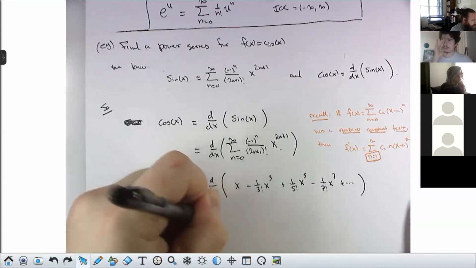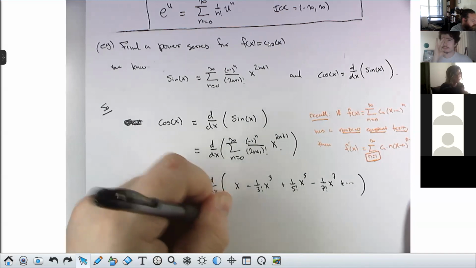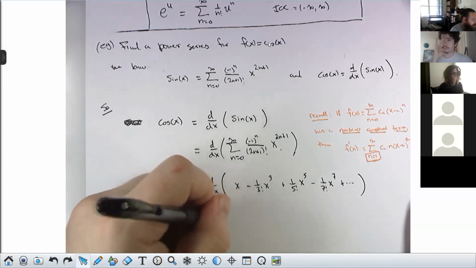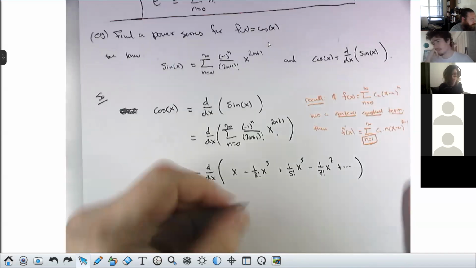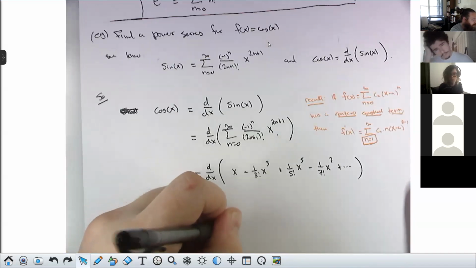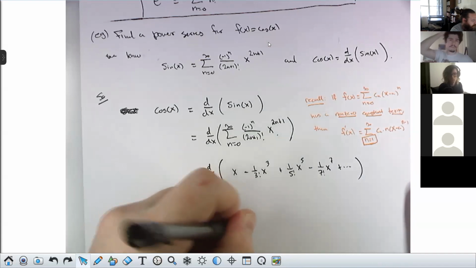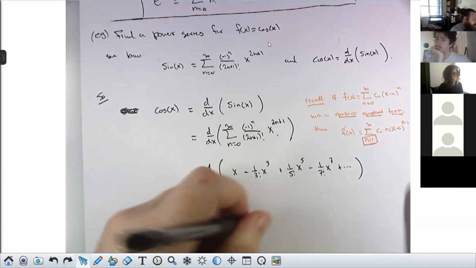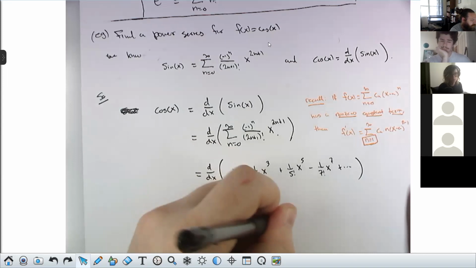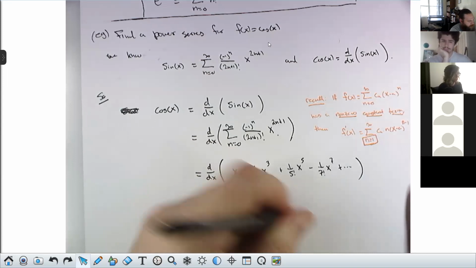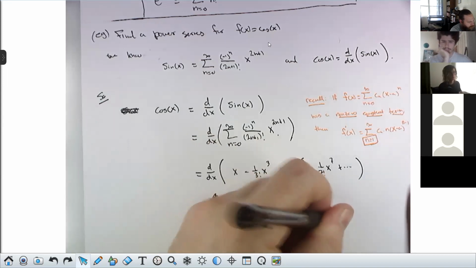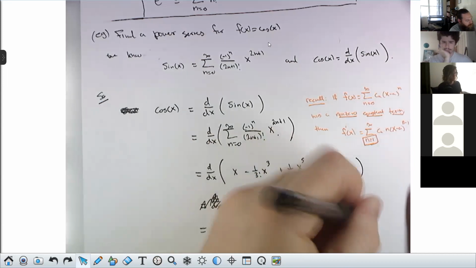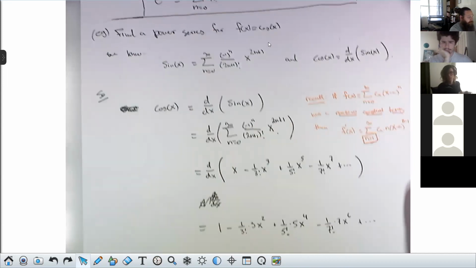So the derivative of this guy is 1 minus 1 over 3 factorial times 3x squared plus 1 over 5 factorial times 5x to the 4 minus 1 over 7 factorial times 7x to the 6 plus and so on.